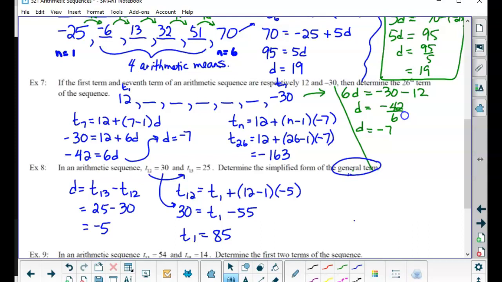You know it should be bigger than T12 because the common difference is negative. And then we'll find our general term. So Tn is now 85 plus n minus 1 times negative 5. And it says simplified.